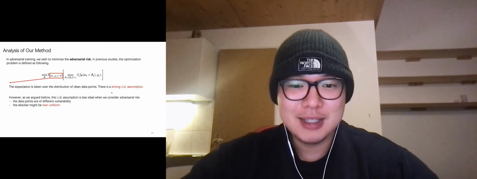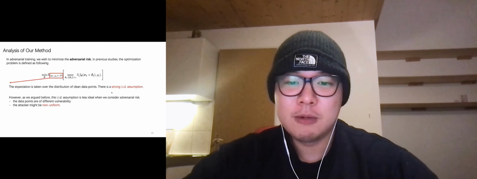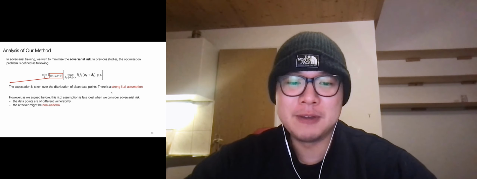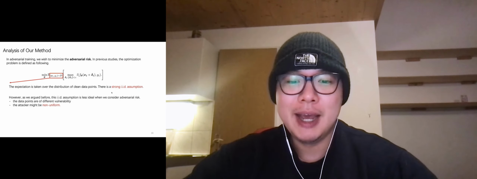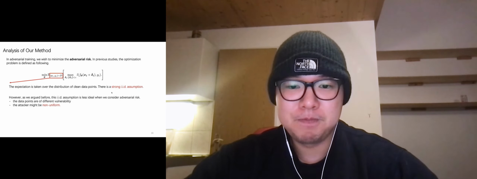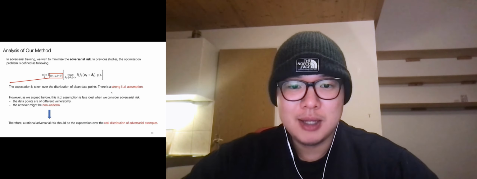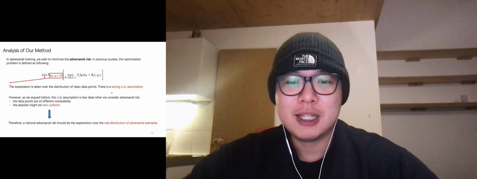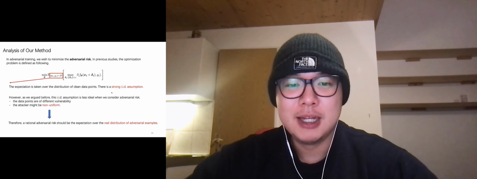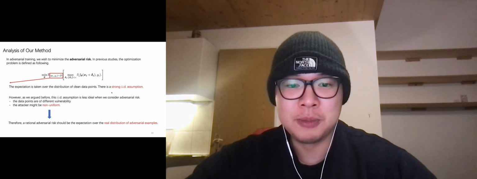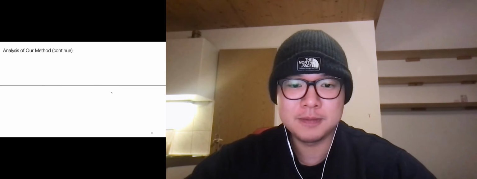And this ideal assumption is less ideal when we consider adversarial risk, since the data points are of different vulnerability by nature, and the attacker might be non-uniform. Therefore, rational adversarial risk should be defined as the expectation computed over the real distribution of adversarial examples.